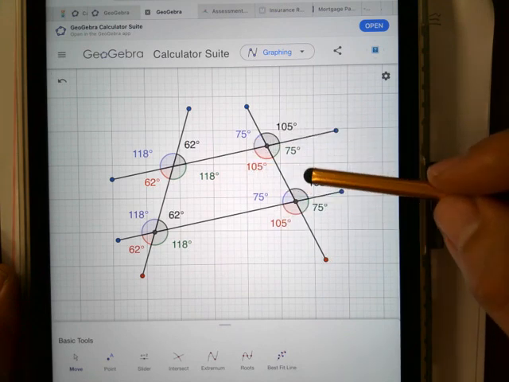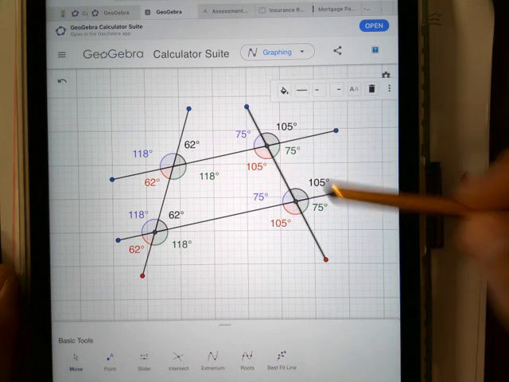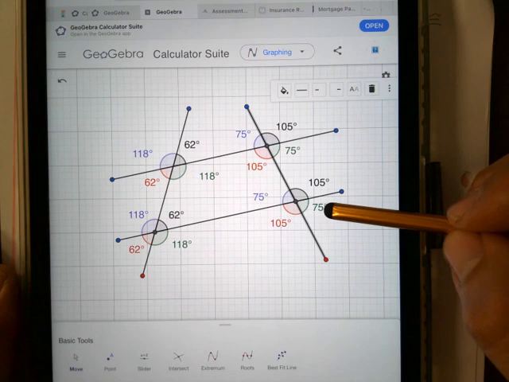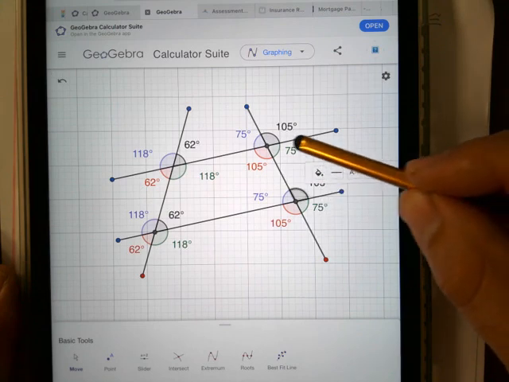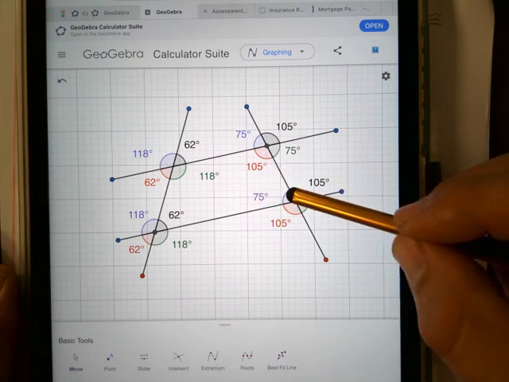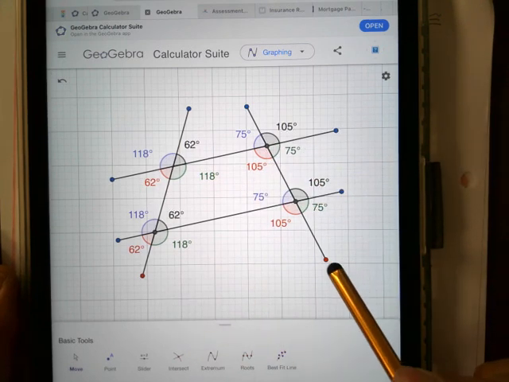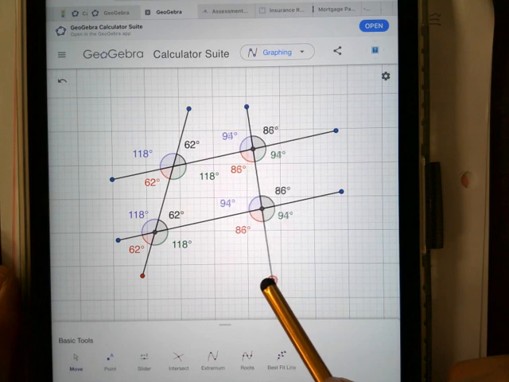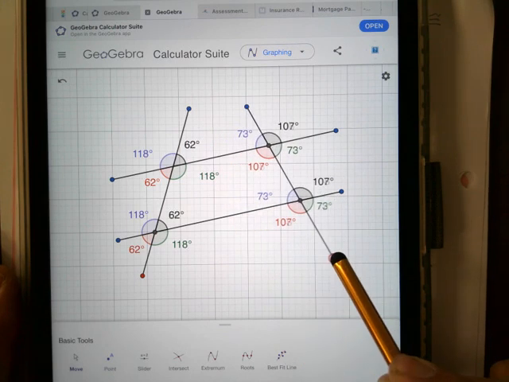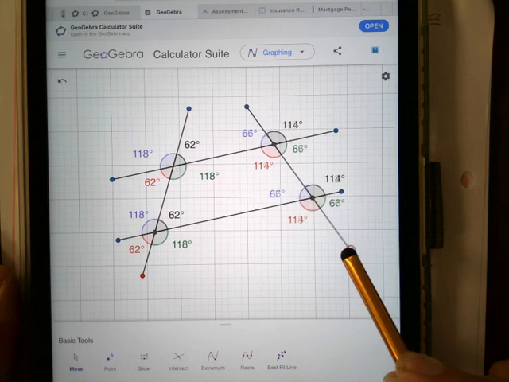All the corresponding angles are the same. Alternate interior angles are the same. Alternate exterior angles are the same. CIAs on this side, 180 here, 180 there. Let's focus, like I can change this, right? It doesn't matter what I do with that transversal, they're always still staying the same, right?